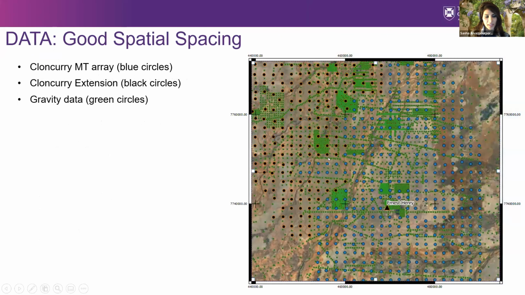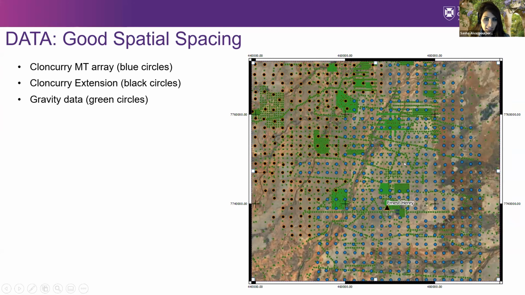So I zoomed in a bit on Max's work. If you look at it more closely, because in the previous slide I showed you a grid, and the grids are always colored and nice, but when you look at the data, almost every gravity station has one MT, or maybe more.